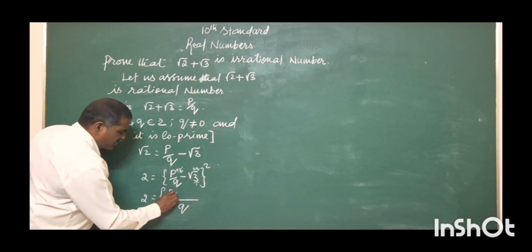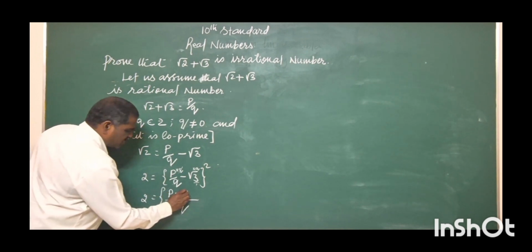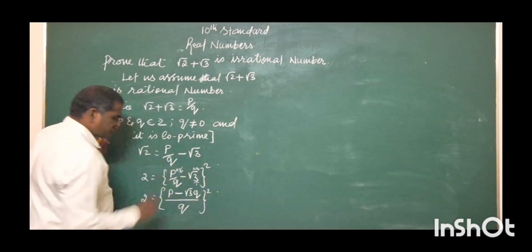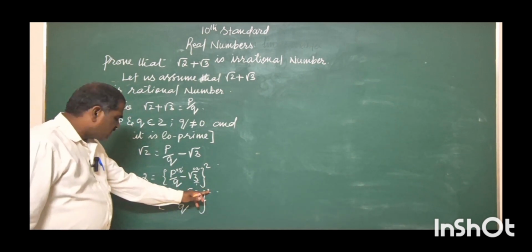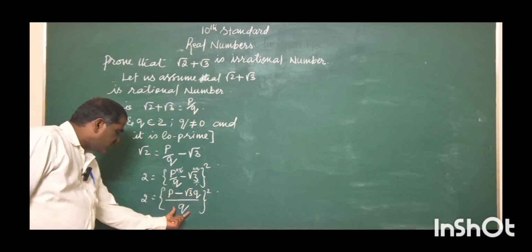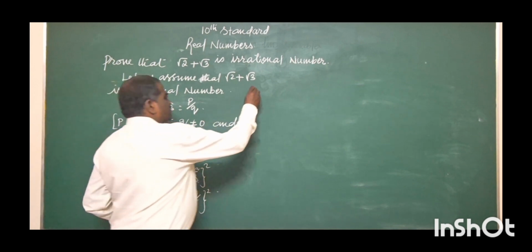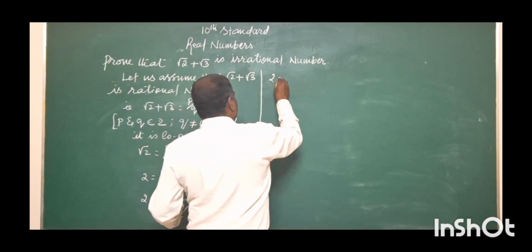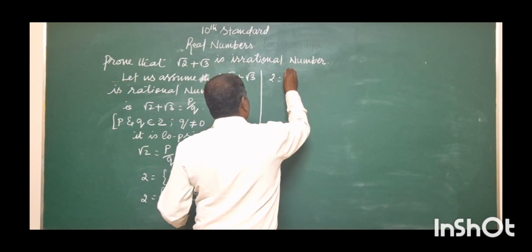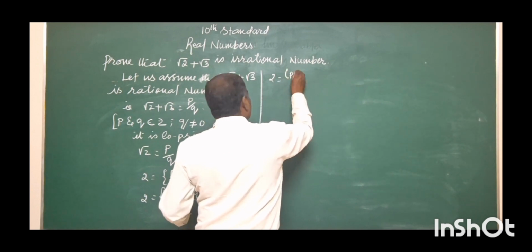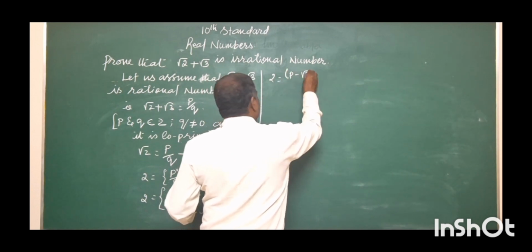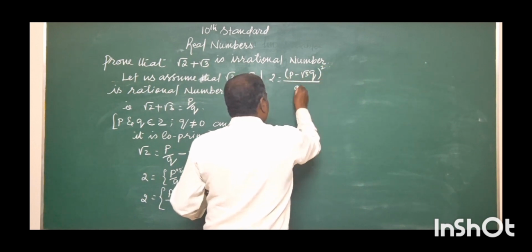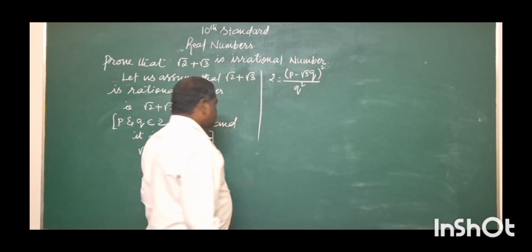Here, p minus root 3 q whole square. The square belongs to both numerator and denominator. So 2 is equal to p minus root 3 q whole square divided by q square.